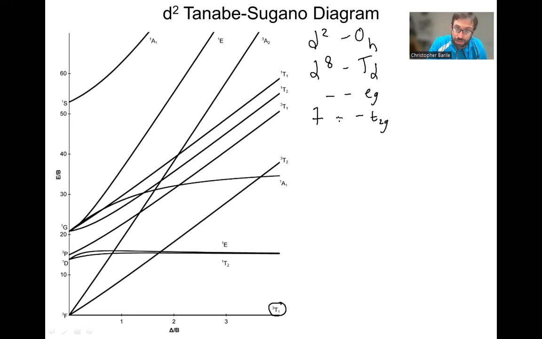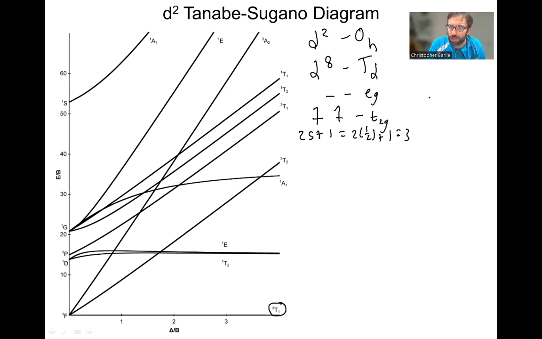And if we have d2 configuration in the ground state, both these electrons are going to be in the t2g, and by the 2S plus 1 rule, we have 2 spin ups here, and so we're going to get a spin of 3. That's why this is called a triplet.